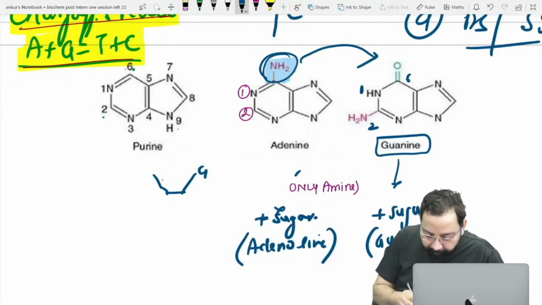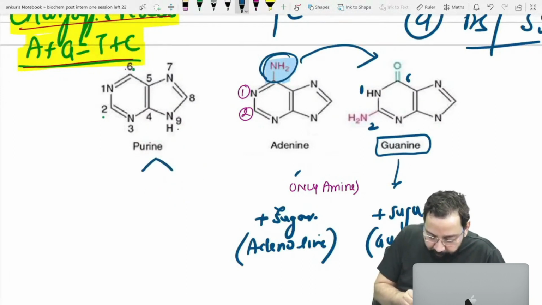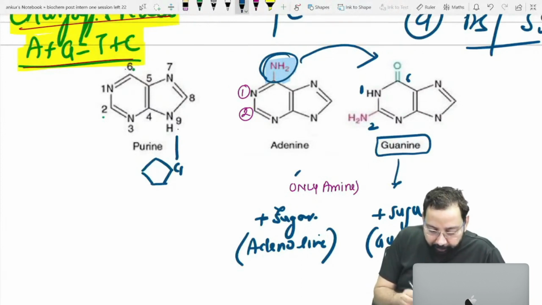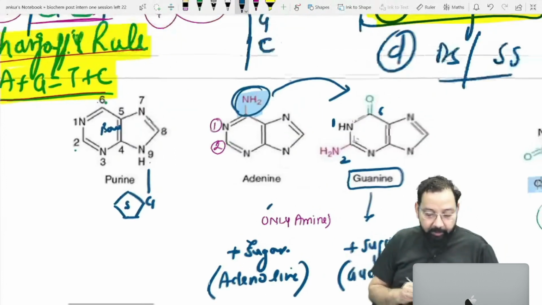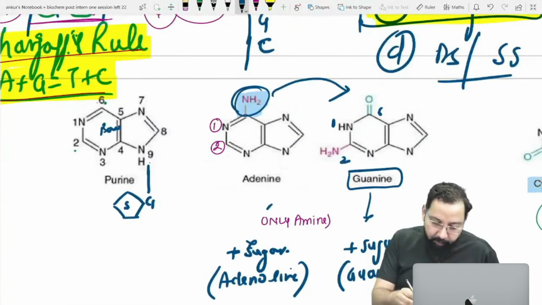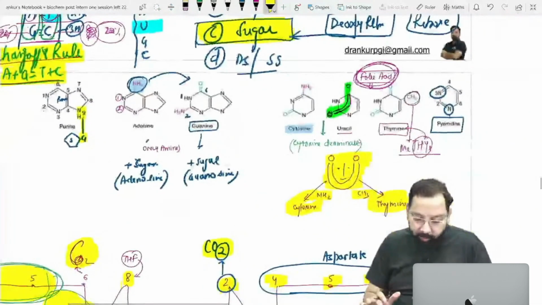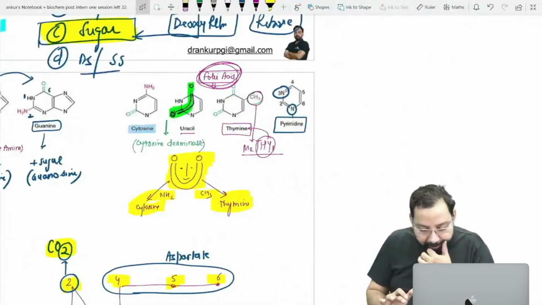In fact, to make it a little bit clearer, C1 binds with N9, base plus sugar is nucleoside.